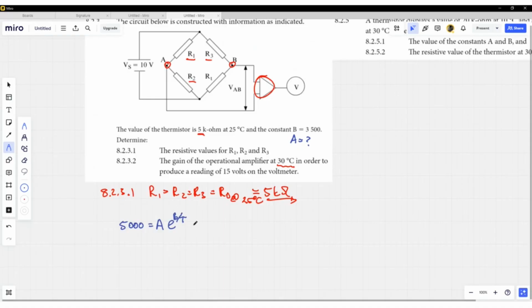All right. So the temperature in this case, that's going to be 25 plus 273, which is 298 Kelvin. Is then A e to the power of 3,500 over 298.